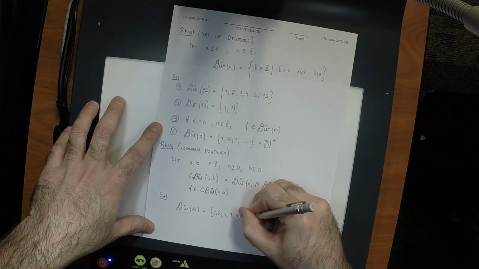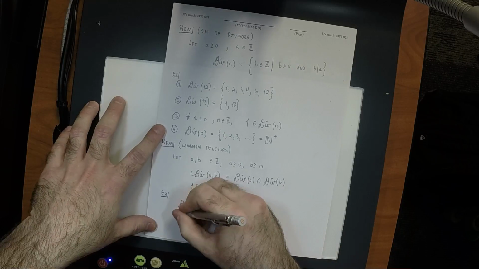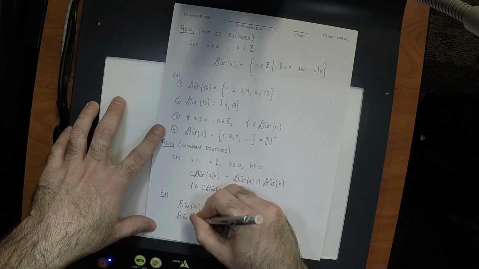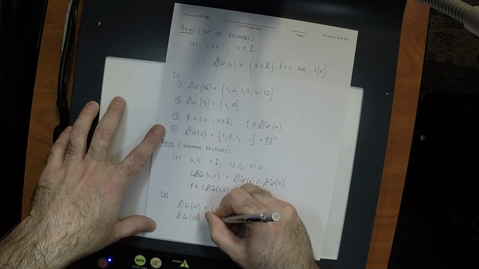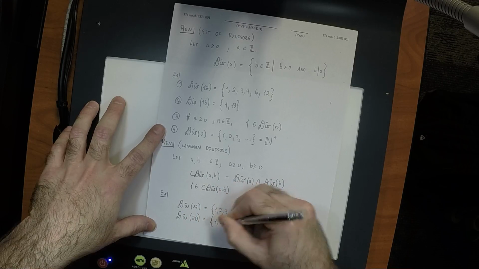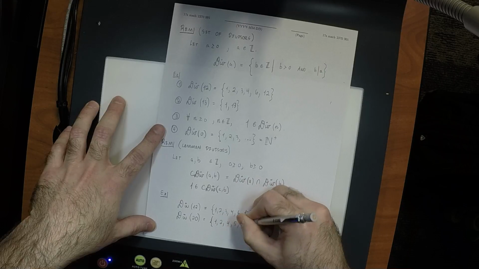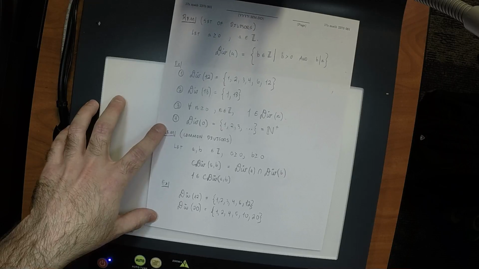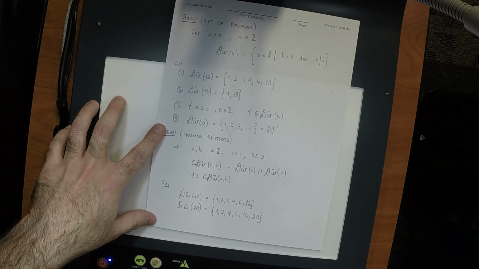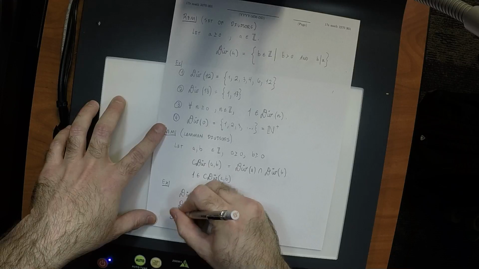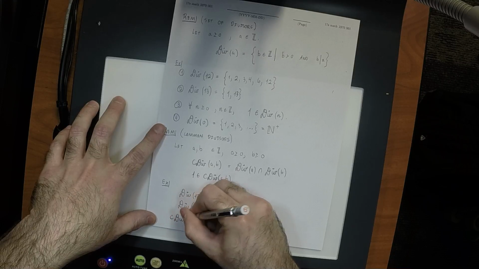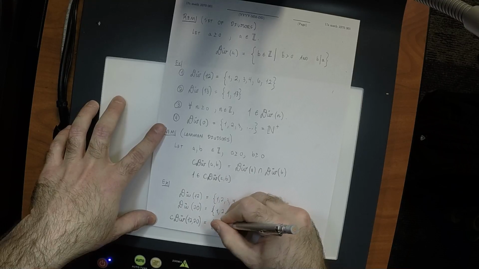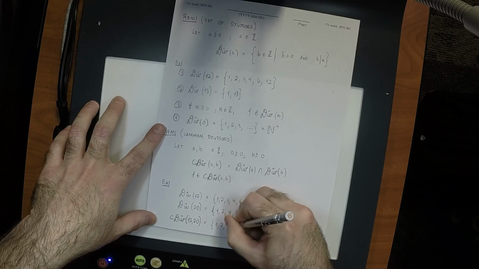The divisors of some other terrific number like 20: 1, 2, 4, 5, 10, and 20. So those are the divisors of 12 and the divisors of 20. So the common divisors of 12 and 20 are what? 1, 2, and 4.